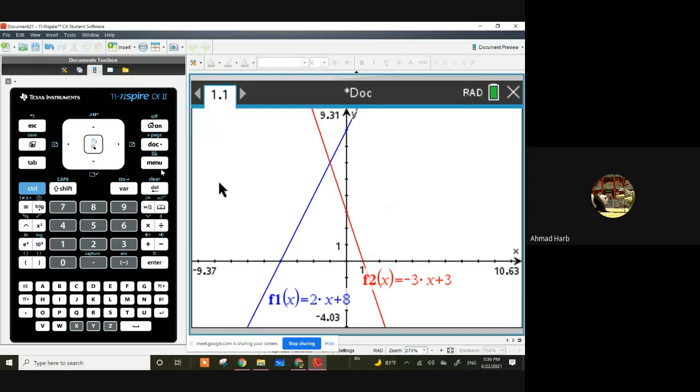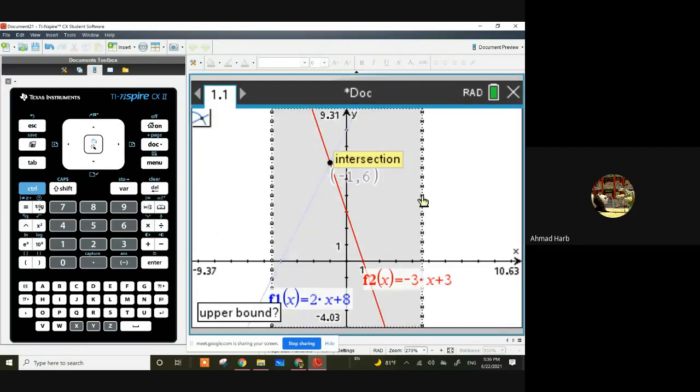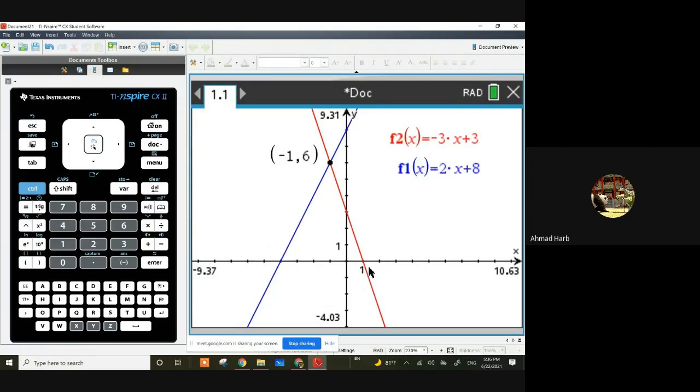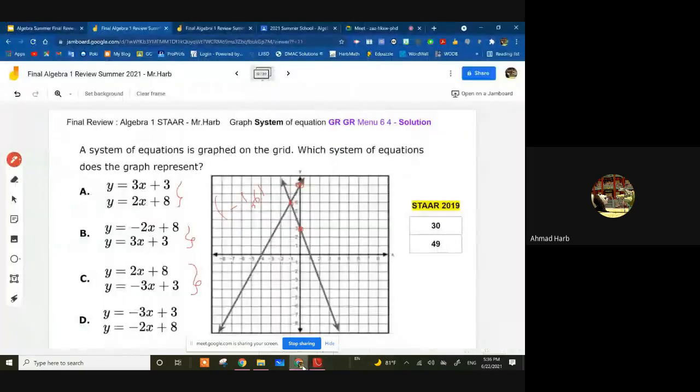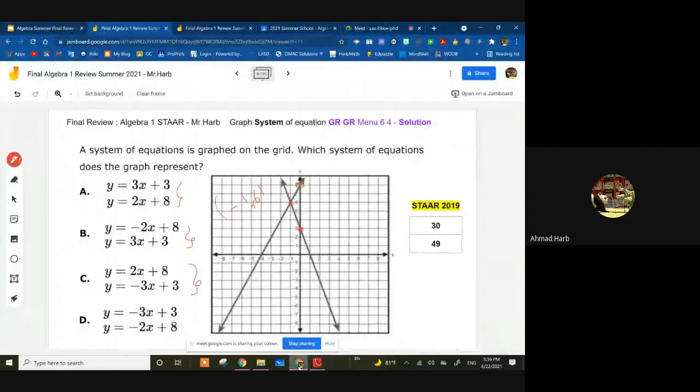To find the intersection, you put menu 6, 4, and you're going to find the intersection is actually -1, 6. So that exactly matches the graph that's given. This is 8 right here, and this is right here 3. So that is for the system of equations. So that answer is C.